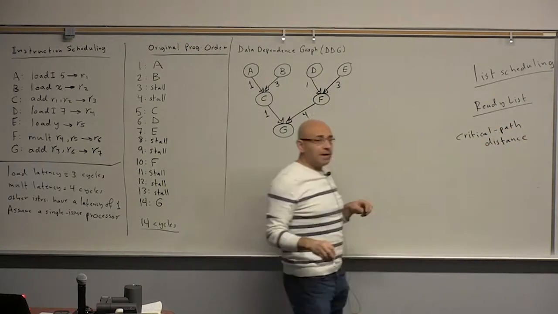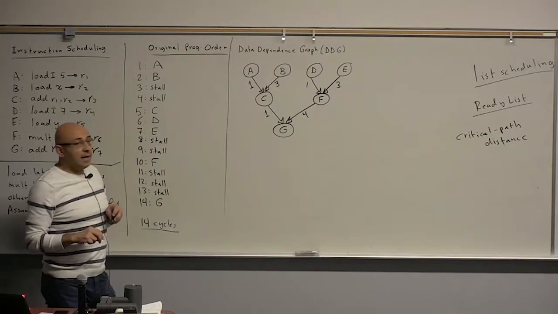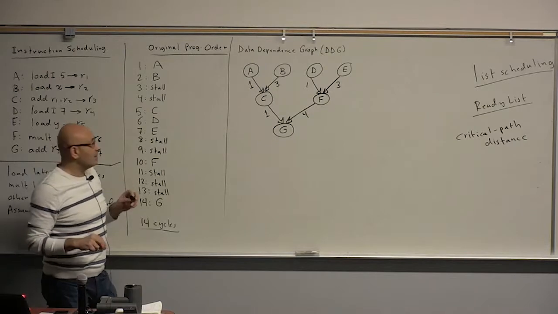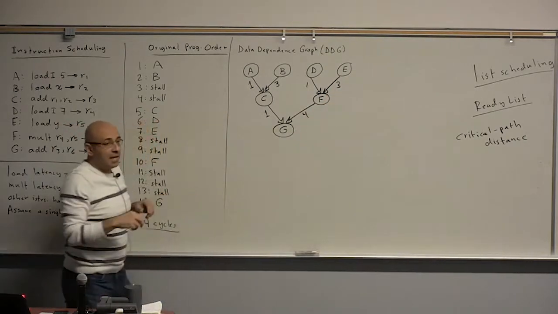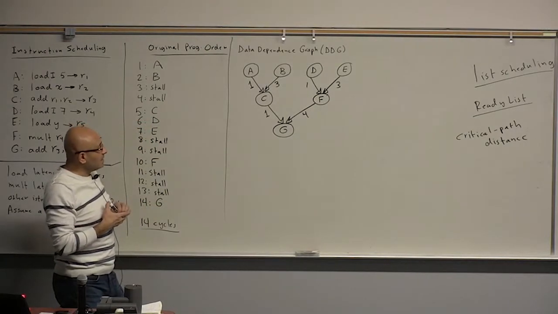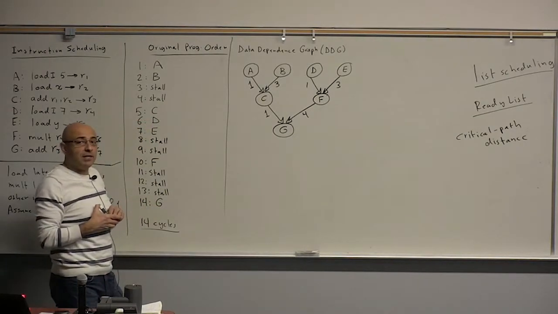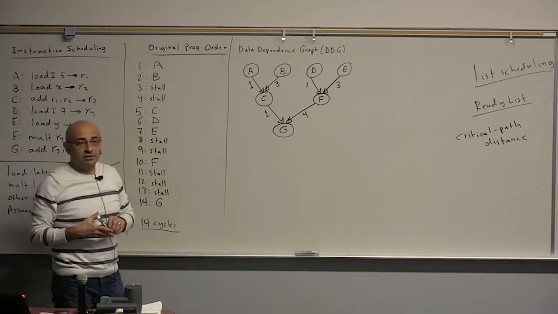So the critical path distance for an instruction is the length of the longest path between this instruction and a leaf instruction in the data dependence graph. In this data dependence graph, we have only one leaf instruction, which is G.